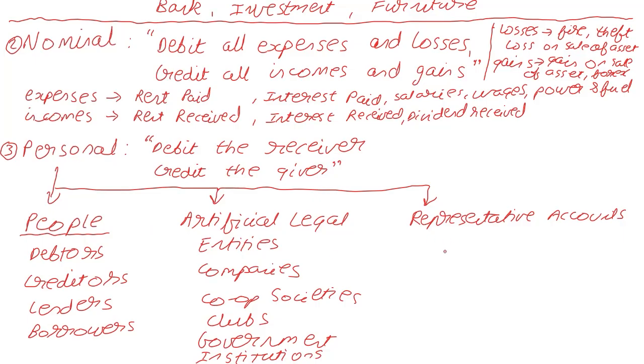Electricity bill is still pending, and that would be an outstanding expense, or what we call an outstanding liability. Who does it have to be paid to? It has to be paid to the electricity company, and the electricity company also is going to be treated as a personal account. It would appear in the balance sheet on the liability side, as outstanding electricity or outstanding telephone. So we have outstanding liabilities.